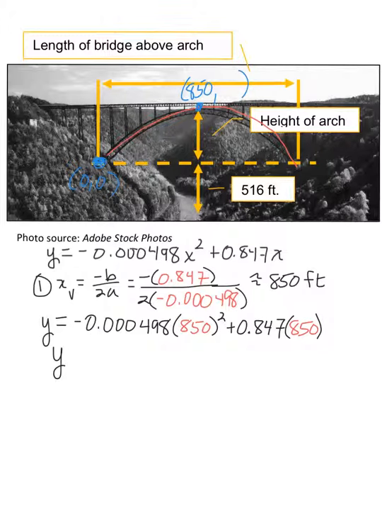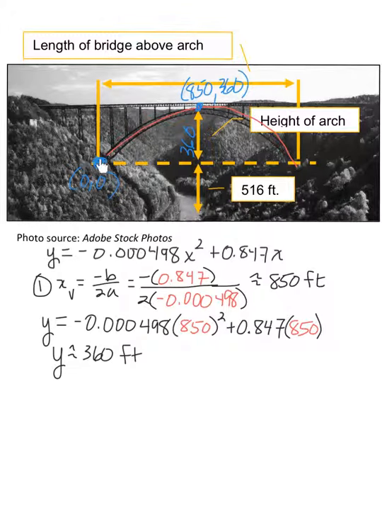You run that through the calculator, and you're going to get approximately 360 feet. So this is 360 feet. So what that means is from 0, 0, I traveled to the right 850, and I traveled up 360 feet to plot that point. So that must mean that the distance here is 360 feet from here to here.